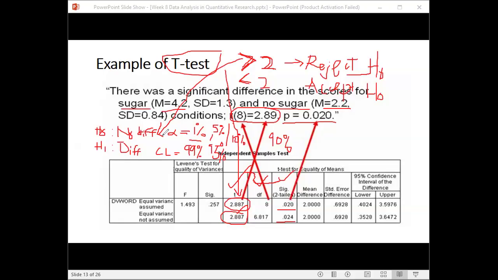It means that I cannot go any further than to say that H1 is a correct claim. And what is H1 saying? H1 is saying that there's a difference between the two groups, which in this case are sugar and no sugar. So the 4.2 and the 2.2 that I'm seeing as the mean for the two groups are different.